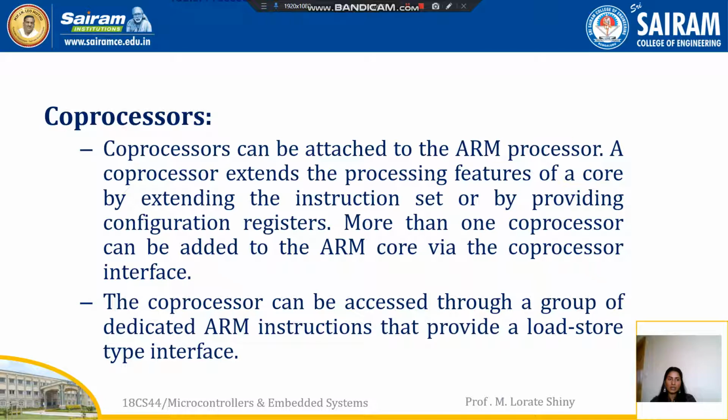To access those, there will be a set of instructions for that particular coprocessor. The coprocessor can be accessed by a group of dedicated ARM instructions that provide a store type of information. At that time, the load store instructions are used for communication between the main processor and the coprocessor.